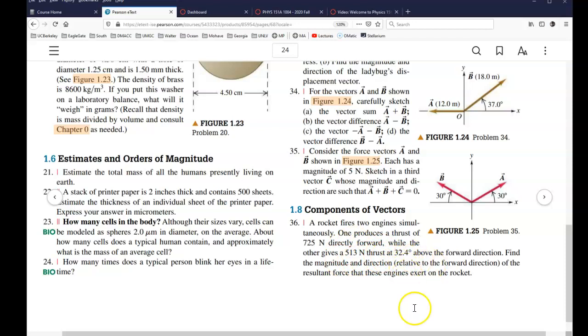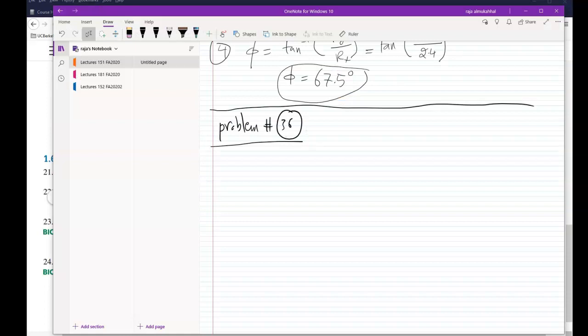So the picture will look something like this. Here is my Cartesian plane. And we're going to assume this is the forward direction, okay? So here is the first force. I'm going to draw a long one just like that. Again, this is just a free body diagram, nothing precise. So that's 725 Newton.